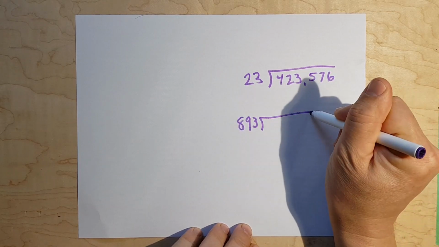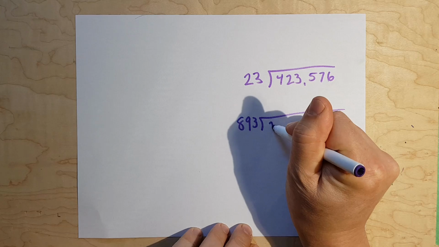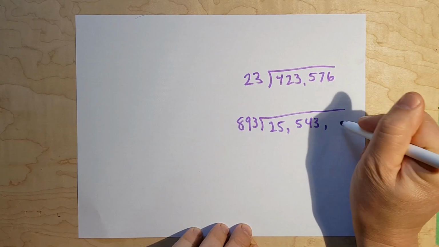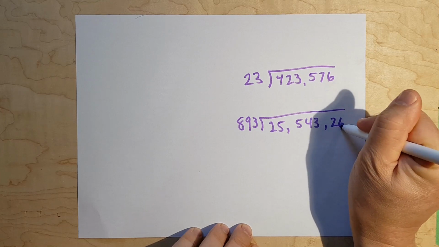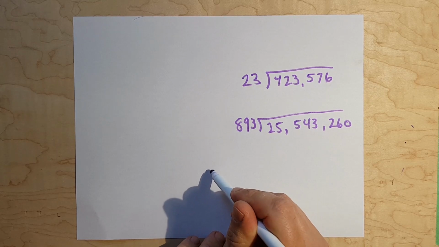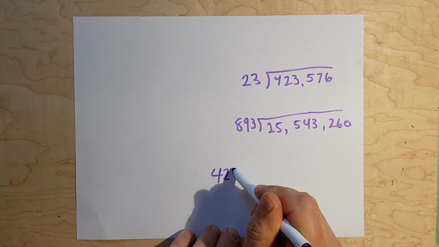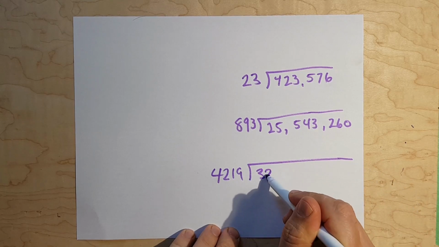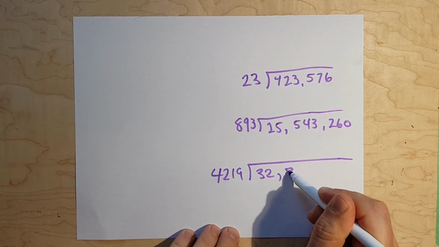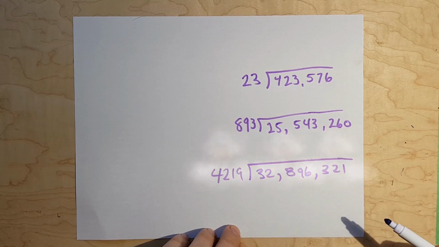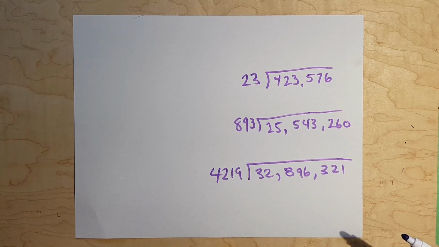Let's do 893 divided by 25,543,260. Let's do 4,219 divided by 32,896,321. And let's do one more equation.